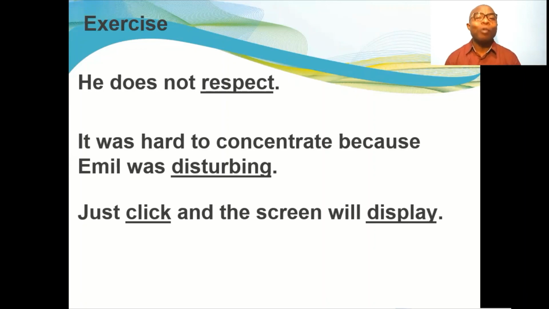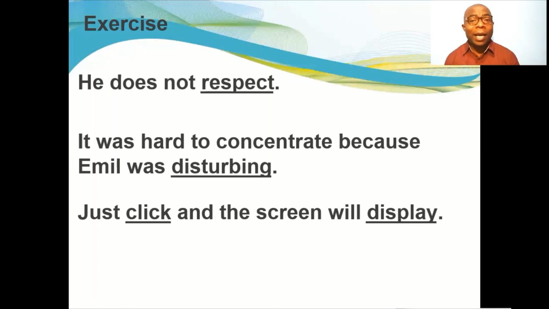There should always be an object when we use the verb disturb because it is transitive. Then we have click. Just click. Click what? So just click the button, for example, and the screen would display what? Would display, for example, the logo. So click is transitive, display is transitive, and they should be used appropriately.